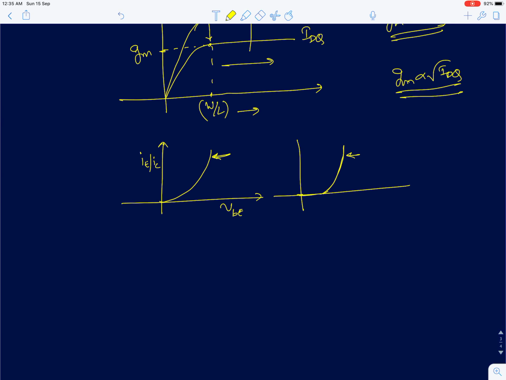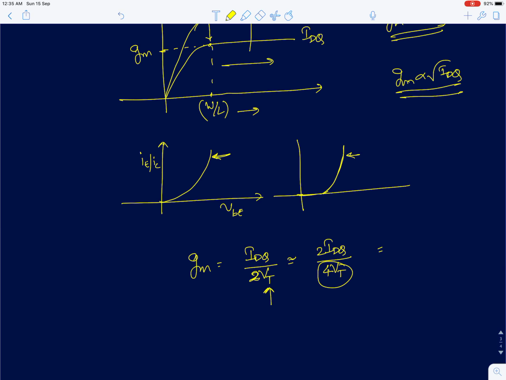Okay, so now I'll compare the GM of a MOSFET, which is IDQ upon 2VT. VT is your thermal voltage now. This result tells us that I can write it approximately as 2 IDQ upon 4 VT. Why did I write it in this format?